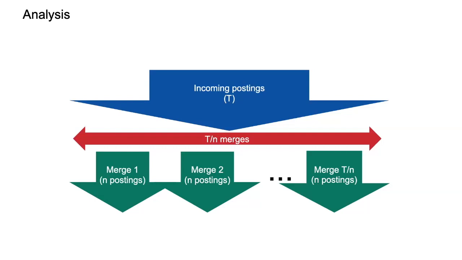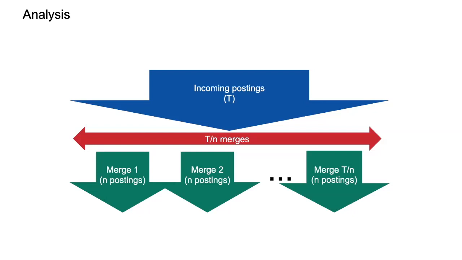So I have 1 billion in total that are going to come over my weeks. And every time I have seen 1 million tokens, I just merge. So n would be 1 million, T would be 1 billion, T over n would be the division of that, 1,000, right? So if I have 1 billion tokens in total and I merge every million, then in 1,000 weeks, probably going to take a few years, but in 1,000 weeks, I'm going to have merged everything, right?